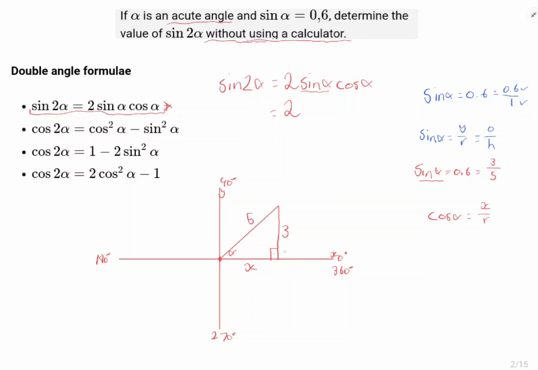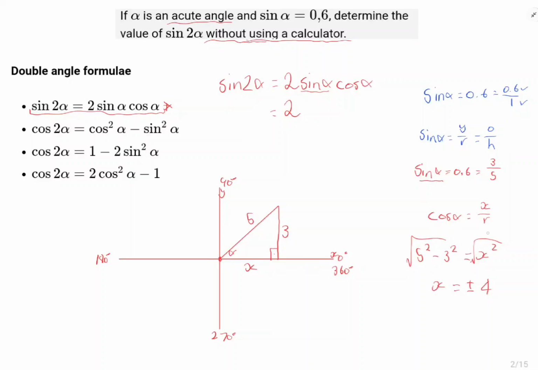By Pythagoras, because this is a right-angled triangle. So 5 squared minus 3 squared is equal to x squared. Go ahead and square root everything. You'll find that your x is the square root of 5 squared minus 3 squared, which is going to be plus minus 4.